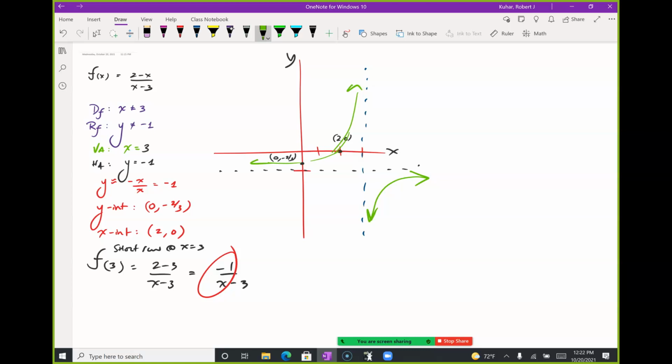It should look like, in general, a -1 over x curve.